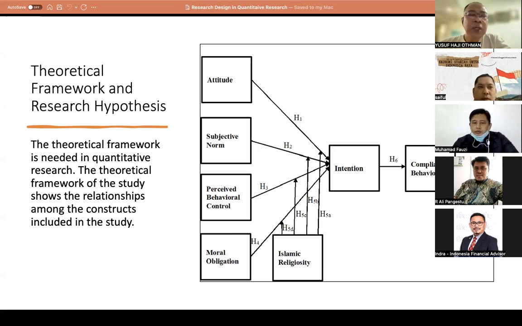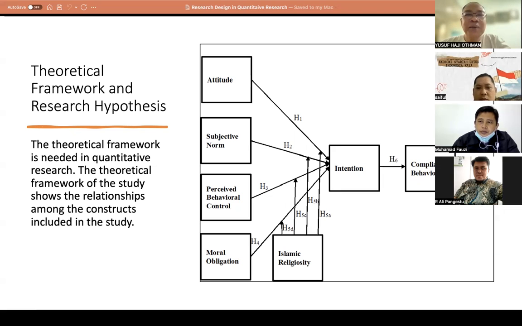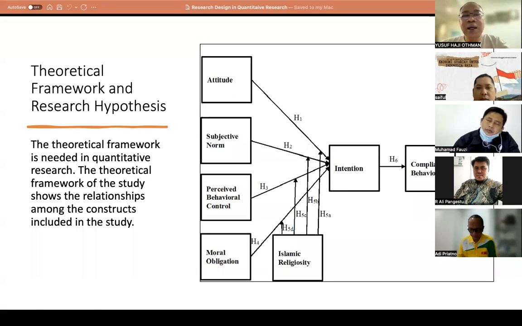So there are some PhD students that complement the questionnaire with interview, for example. Sometimes they don't have the rich information on the reasons why attitude is important, why subjective norm is not significant, for example.